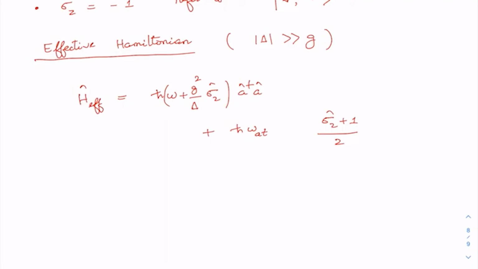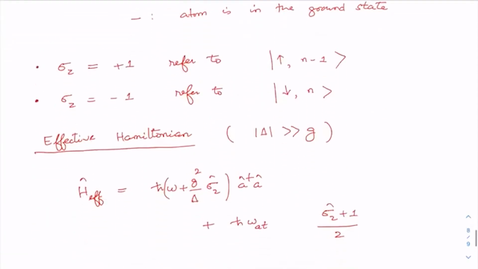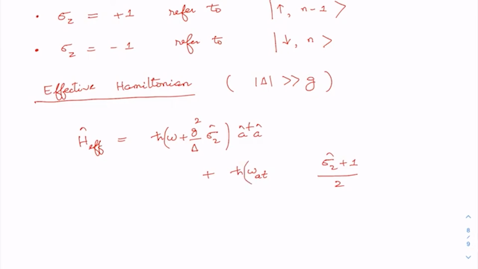Now to get the correct energy values that we have worked out here, you can actually verify it, you have to add this term, z square by delta, then you are going to get the correct energy eigenvalues for the system.